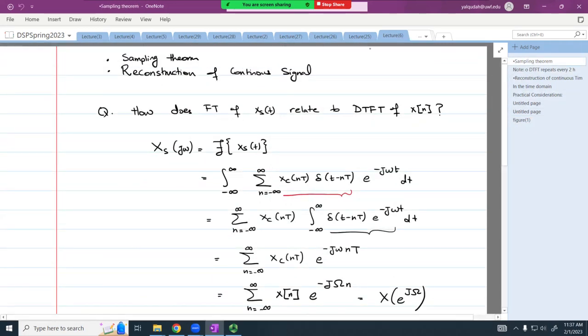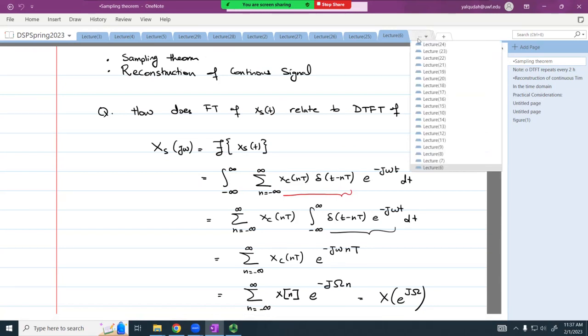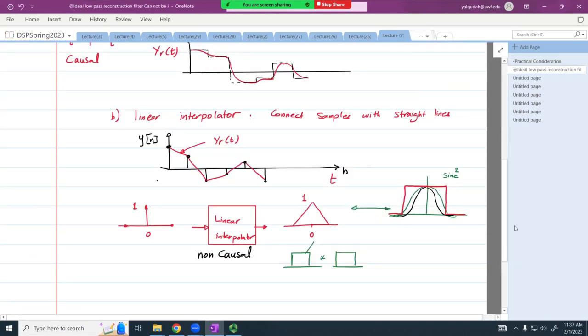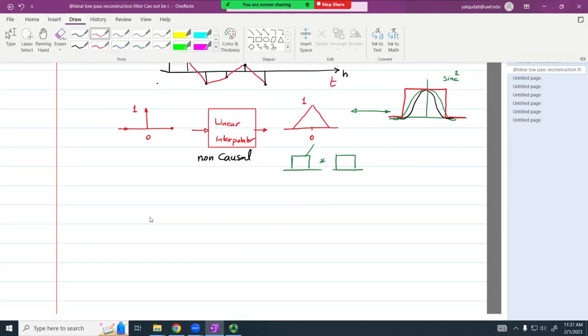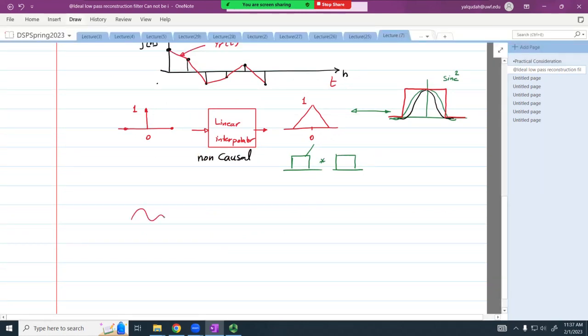Okay. So what we're saying is, what we're going to be doing, we're going to be taking an analog signal that is continuous. We're going to convert it using an analog to digital converter. We're going to have a digital signal.